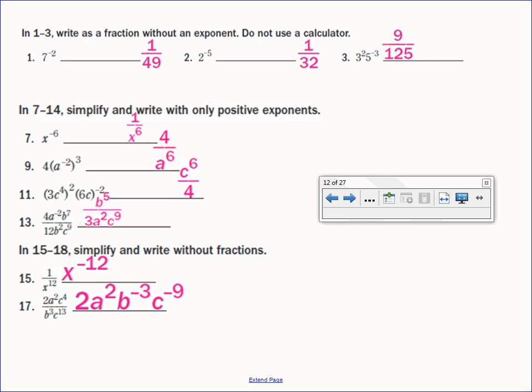I appreciate your help. Everybody good with number 1, if you did it, number 1?